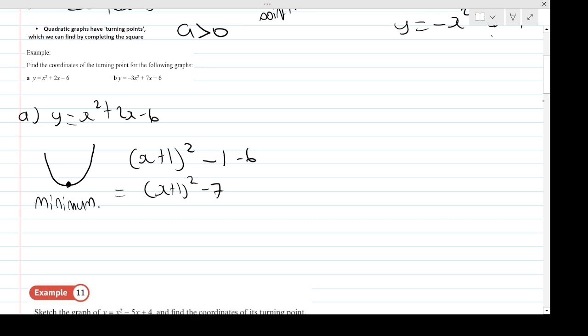This all stems from, and we did actually look at this when we looked at complete the square, a few examples of this sort of idea. But the whole idea is the fact that we have a square number. And a square number always has to be at least 0, so it has to be not negative.